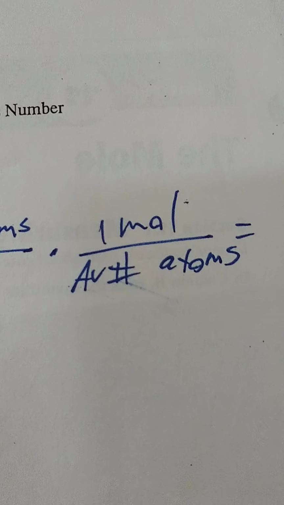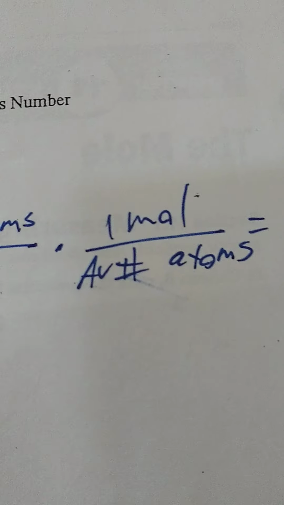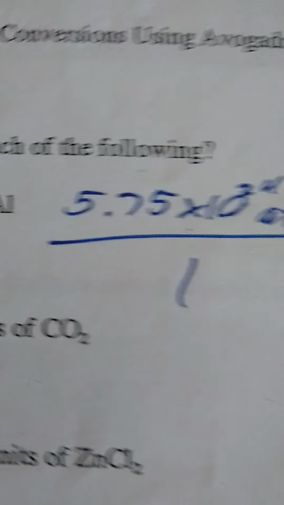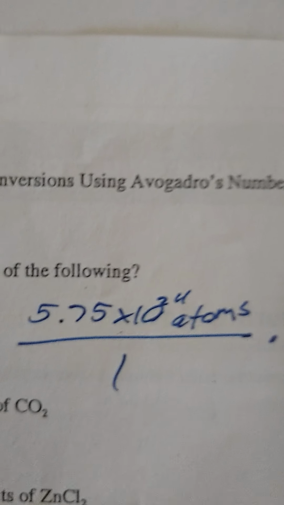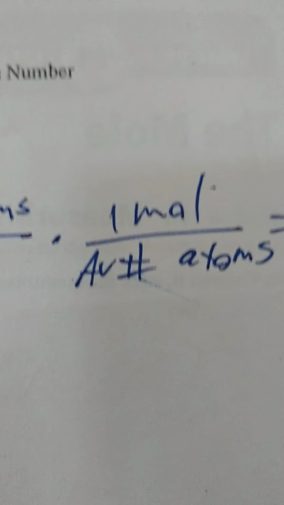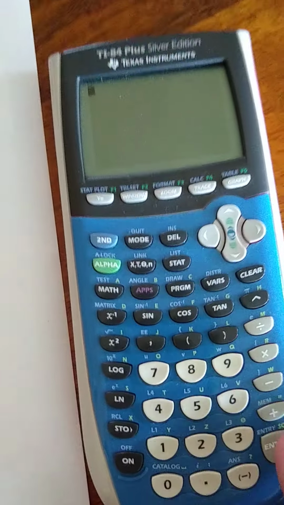Remember, Avogadro's number is 6.02 times 10 to the 23rd. Because we have atoms on the top, this 5.75 number, and we have Avogadro's number on the bottom, this means division. So let me type that in the calculator, and here's how I would go about typing that in.